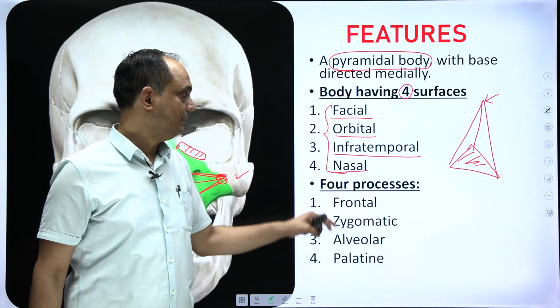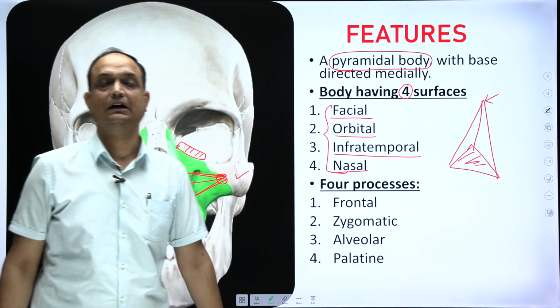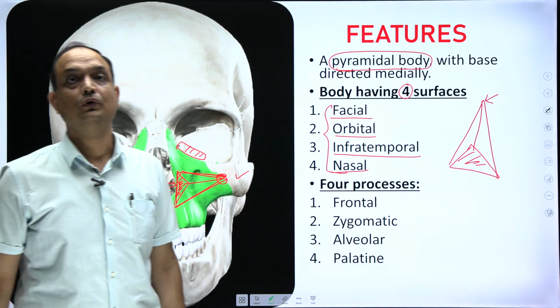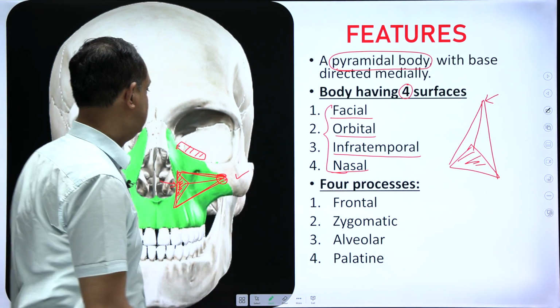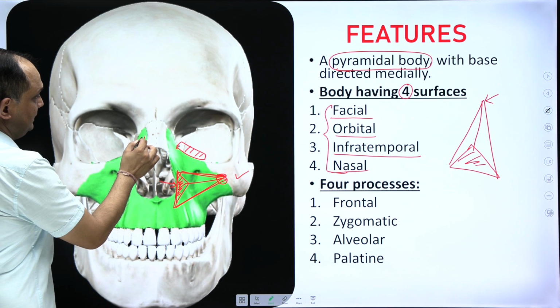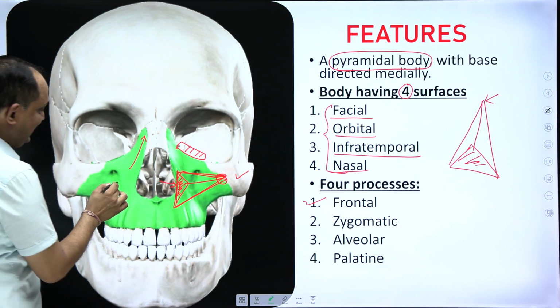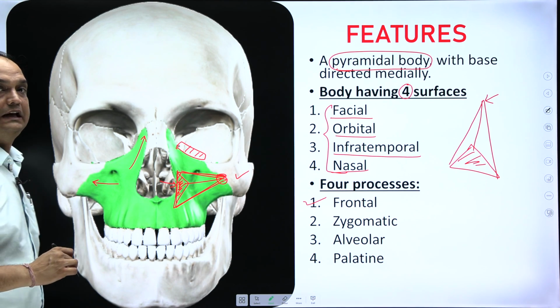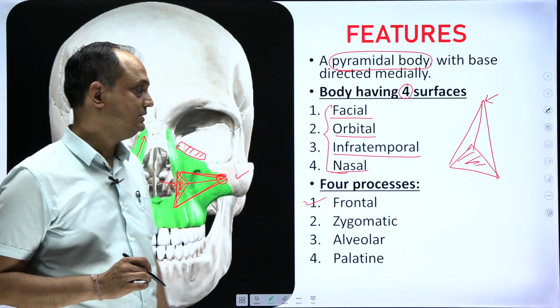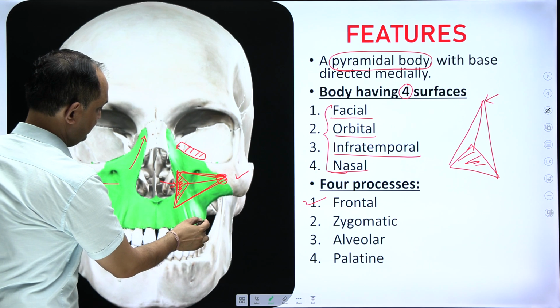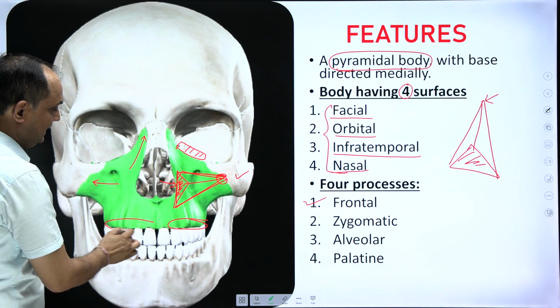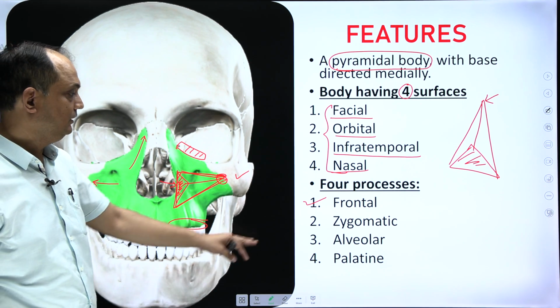Now when we talk about the processes of the maxilla, the maxilla has four very important processes. One process which is projecting upward is known as the frontal process. One process which goes laterally and makes a joint with the zygomatic bone is the zygomatic process. One process which is projecting downward, where you will have the teeth, is known as the alveolar process.